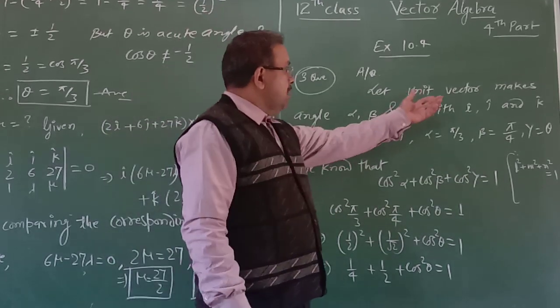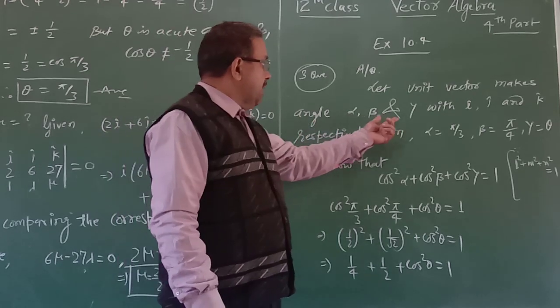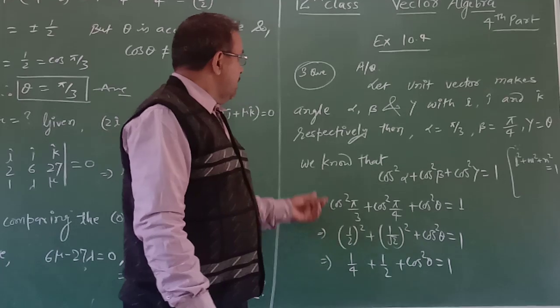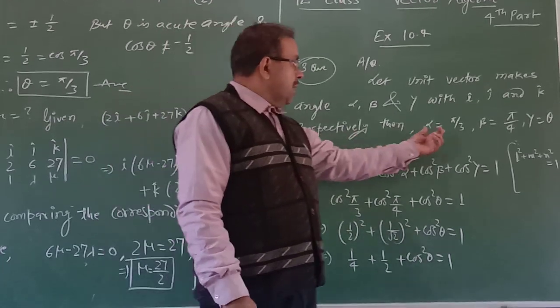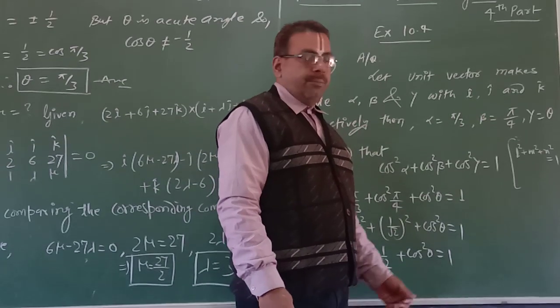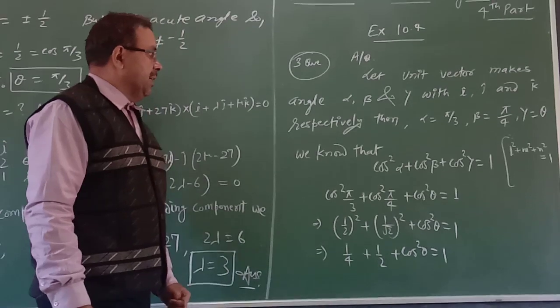So see here, unit vector A makes angles alpha, beta and gamma with i, j and k respectively. Then we are already given alpha is equal to pi by 3 and beta is equal to pi by 4. We need to find the value of gamma, which I have taken as theta.